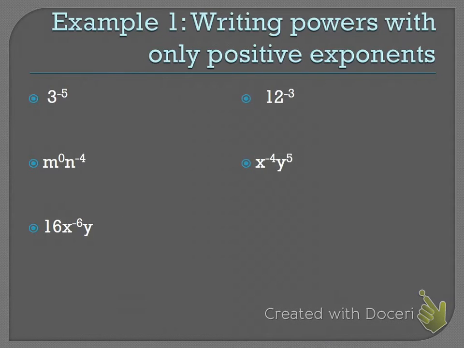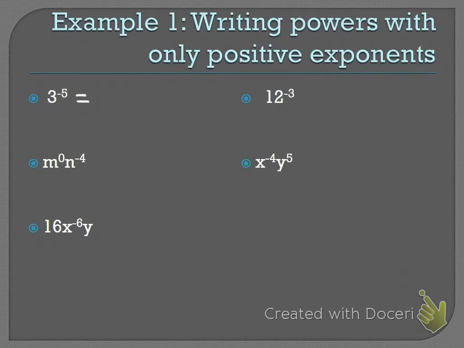So here's what it looks like in example 1. This is the first section on your homework tonight too. Writing powers with only positive exponents. There's not necessarily anything to evaluate. You're just looking at this term and you're saying, okay, there's a negative exponent there. So how do I get rid of it? Well, what I do is I write that number on the opposite side of the fraction.